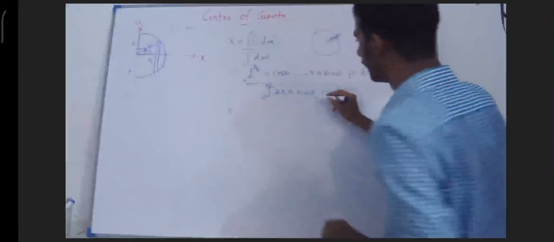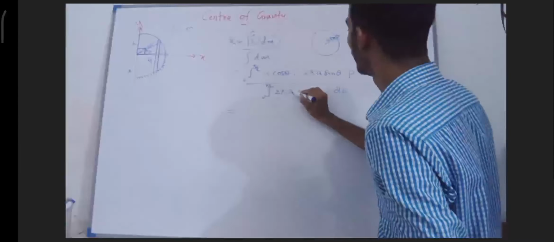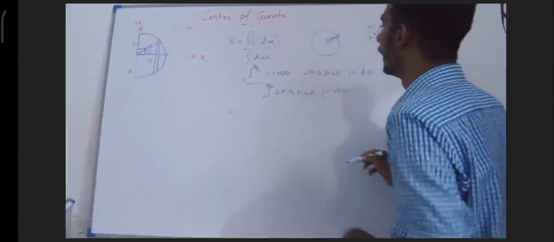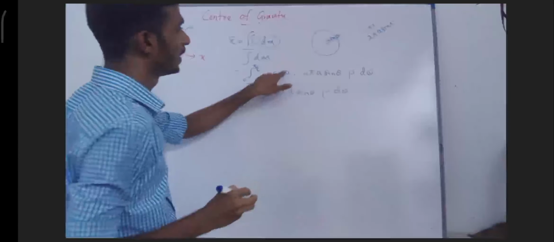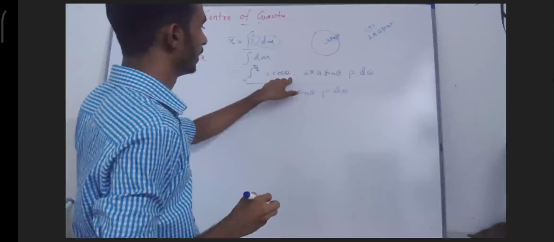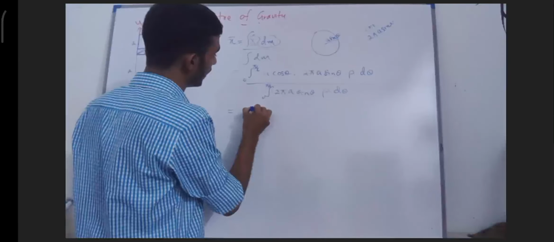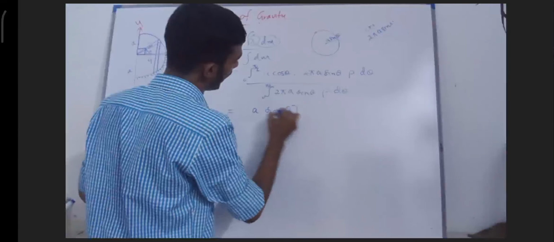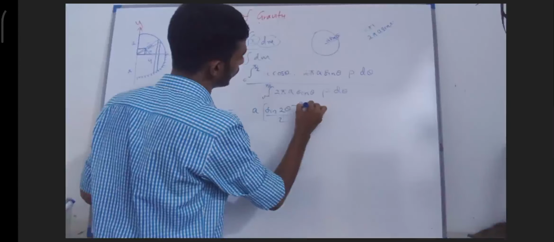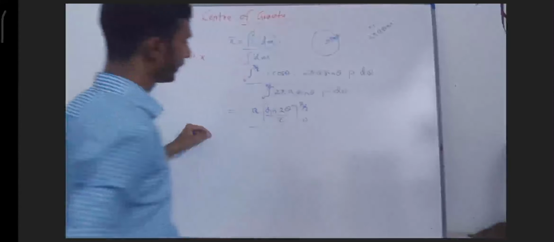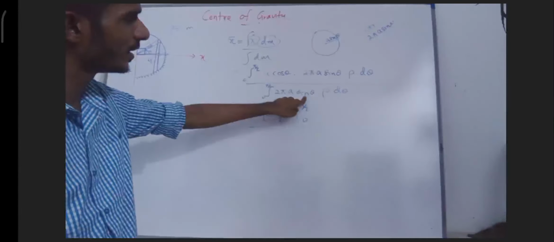So what are the constants that we have here? Here 2 pi A will go, and here we have A cos theta sin theta. So cos 2 theta means if I integrate it, that will become A into sin 2 theta by 2, and the limit is pi by 2 to 0, divided by, here sin theta is remaining.